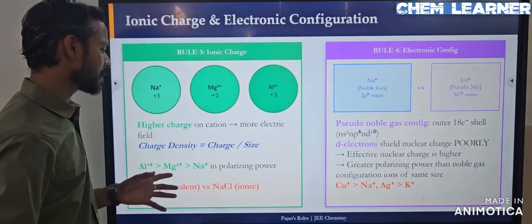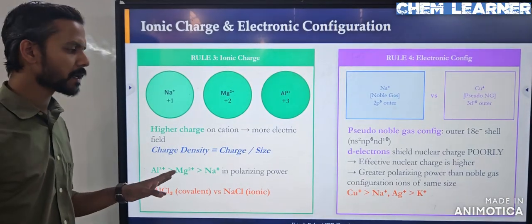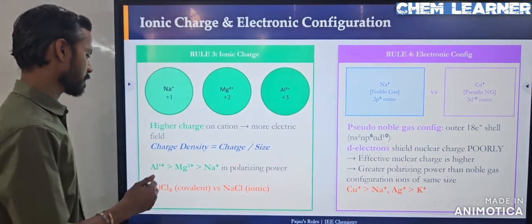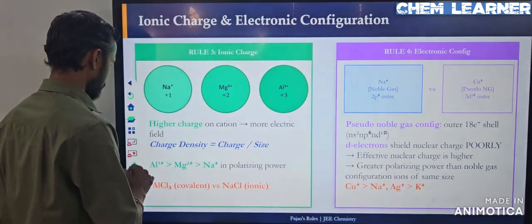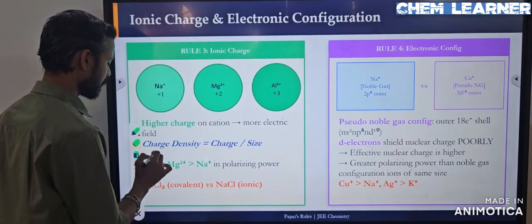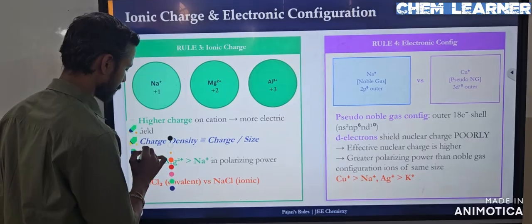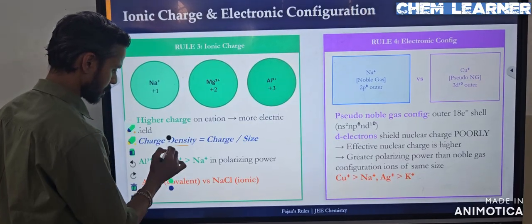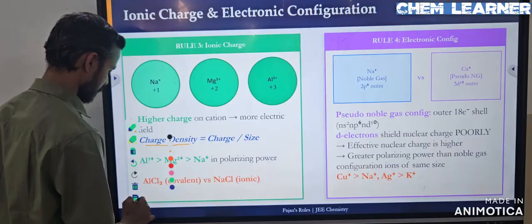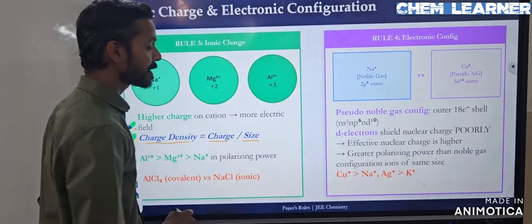Rule 3, ionic charge. So higher the charge on the cation, more will be the electric field. How can we explain this? With the charge density. Basically, what is the formula for charge density? Charge density is charge by size.